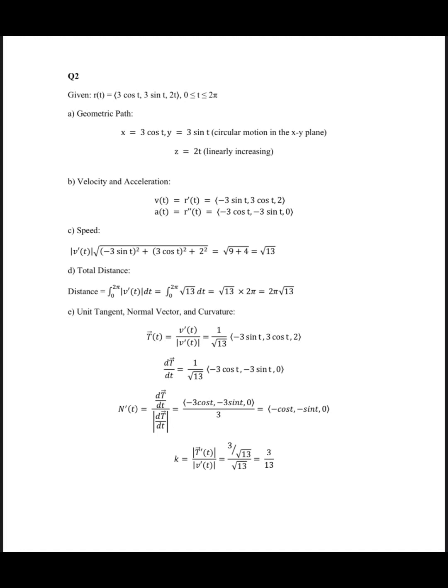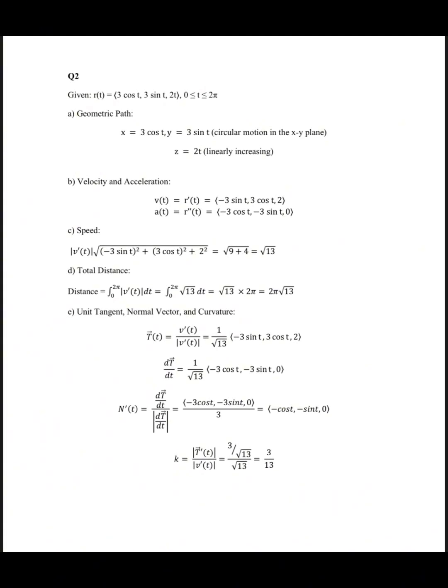And for acceleration, the acceleration is equal to r double prime of t, which is the derivative of velocity. So negative 3 sin t, derive, we get negative 3 cos t. 3 cos t, derive, we get negative 3 sin t. And the number 2, if we derive, becomes 0.